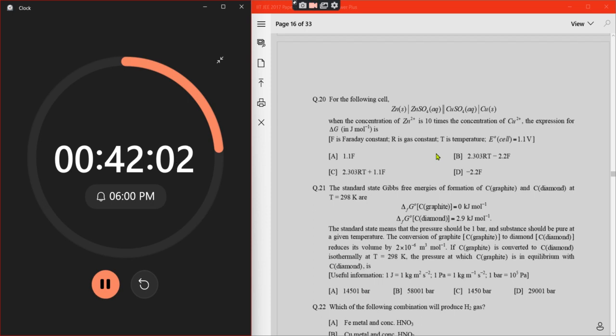So this thing is just 0.06, right? So you get 0.12, I guess. Which is what? Negative 2.08 Faraday or something. Or this thing also works. Wait, no. Okay, this thing also works. B, 2.303. Doesn't this need a 2?